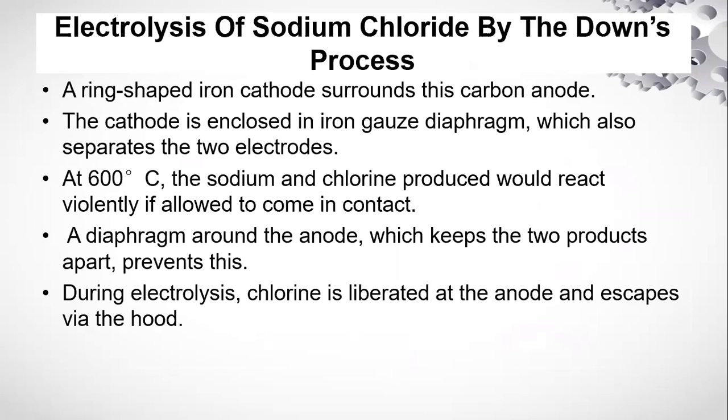A ring-shaped iron cathode surrounds the carbon anode, and the cathode is enclosed in an iron gauze diaphragm, which also separates the two electrodes. At 600 degrees, the sodium and the chlorine produced would react violently if allowed to come into contact, so a diaphragm around the anode keeps the two products apart and prevents this situation.